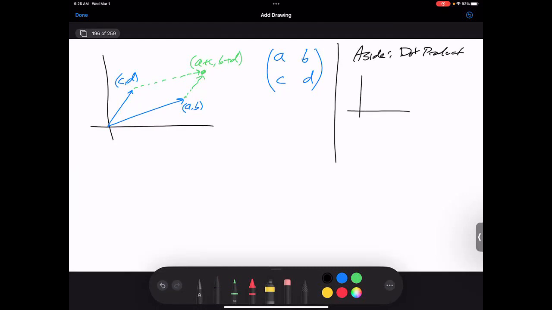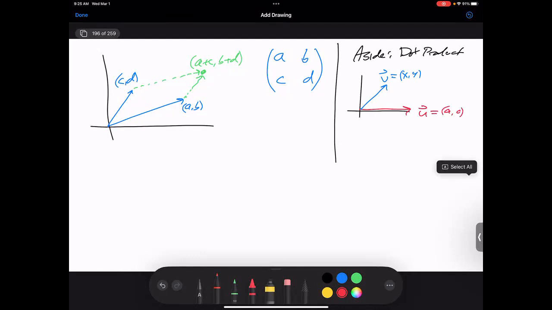So here are my coordinate axes. Imagine one vector is in the x-axis direction, and I'll call that u. And here's my other vector, v. So v will be maybe x comma y, and u will be maybe a comma 0.